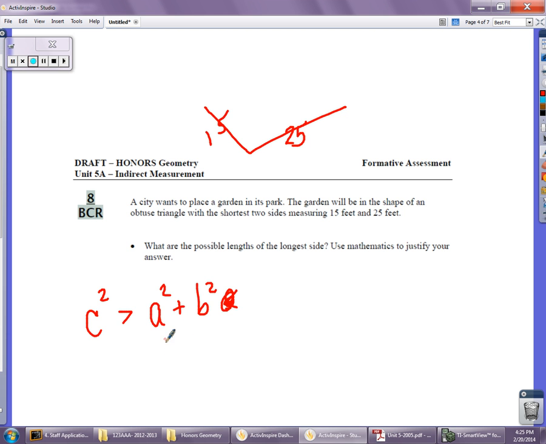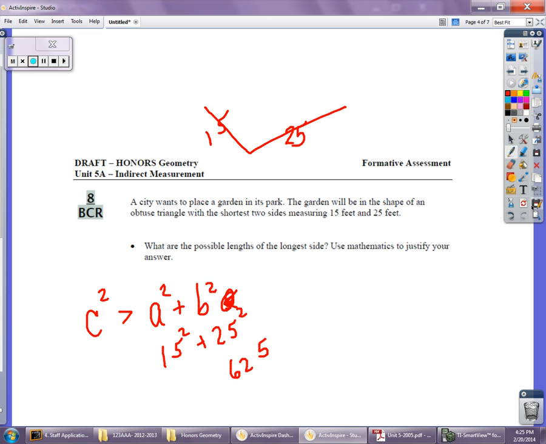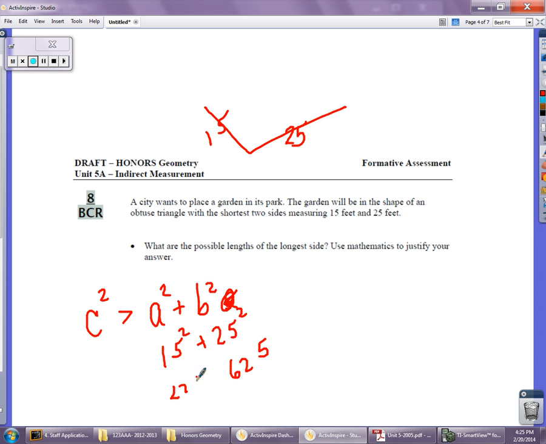So if these two sides are 15 and 25, you get 625, and 15 times 15 is 225. So 625 plus 225 would be 850. So c squared has to be greater than 850.